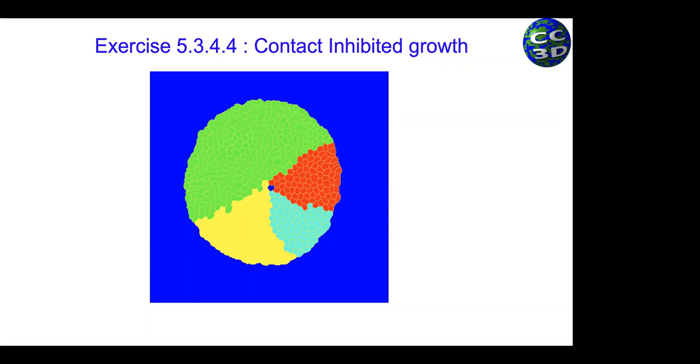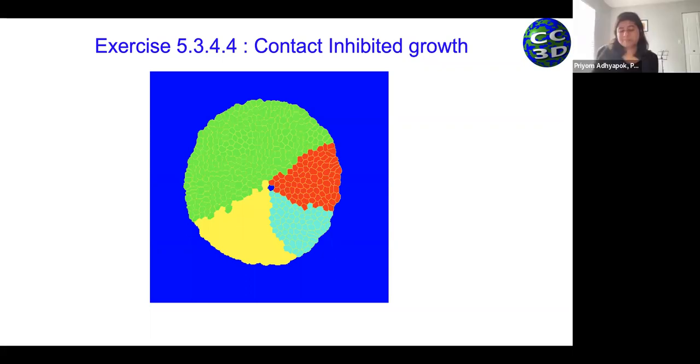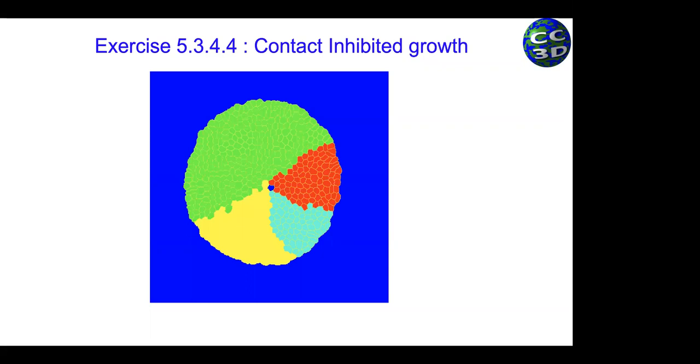And then with this contact inhibition, I wouldn't have imagined it would look like this, but contact inhibition kind of shows that cells are going to move in clusters. So they would develop in clusters versus in a line.